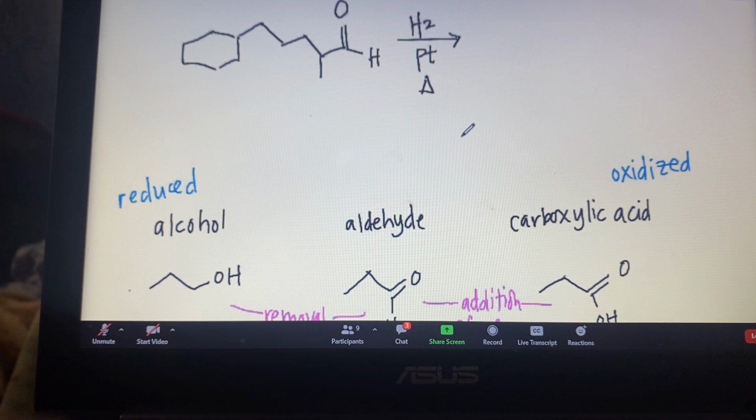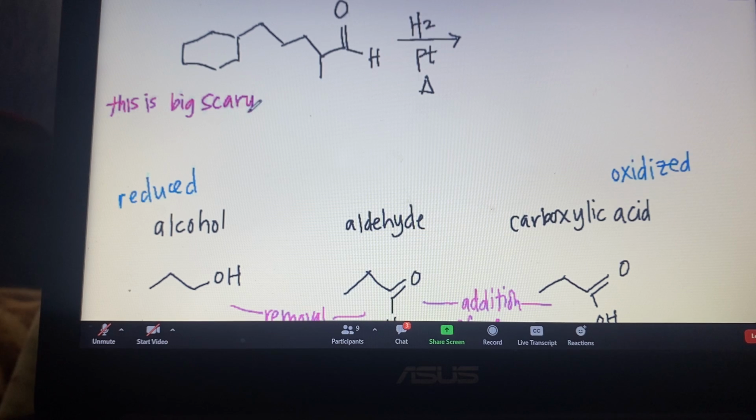Okay, big scary molecule. What is the functional group of big scary molecule? Is that an alcohol? Heck yeah, that's an aldehyde.